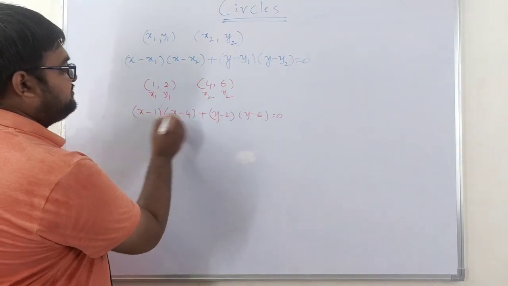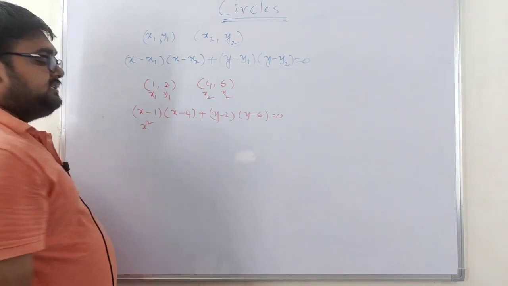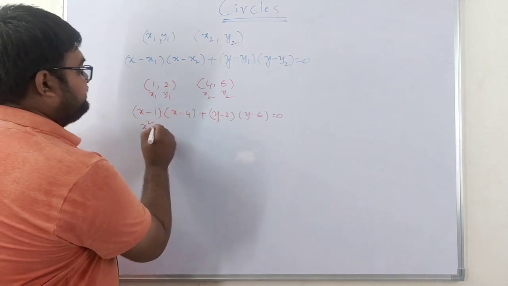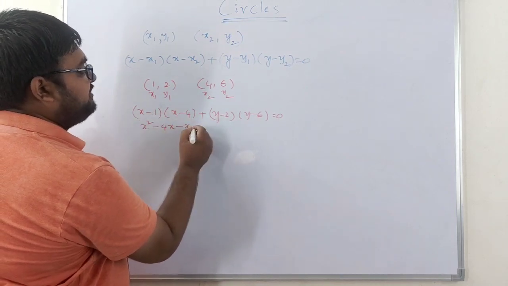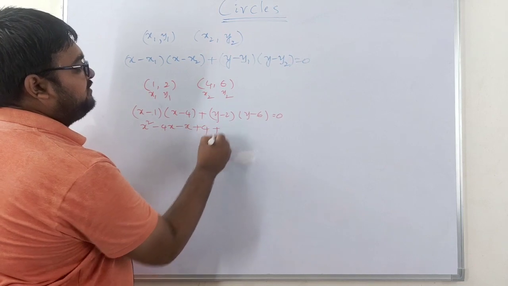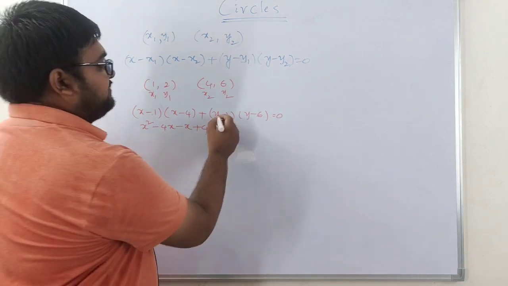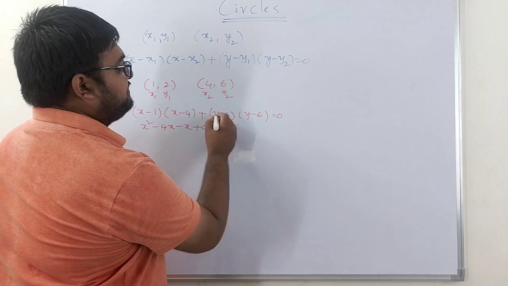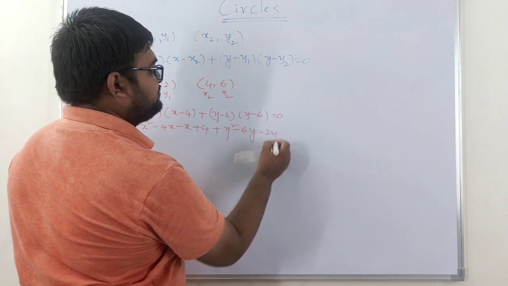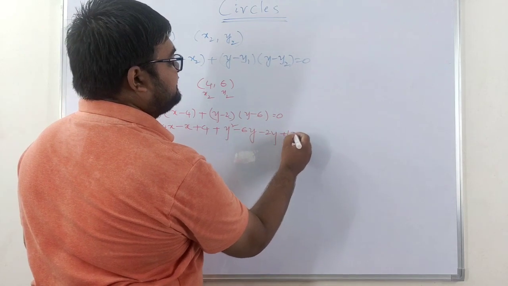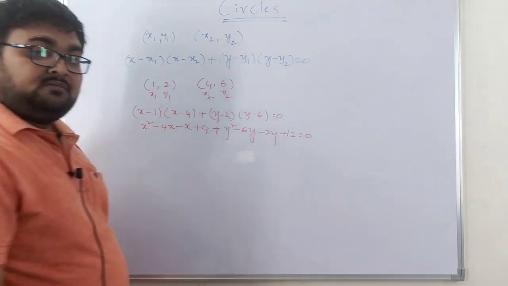So if you simplify this, x into x is x square, x into minus 4 is minus 4x, minus 1 into x is minus x, minus 1 into minus 4 is plus 4. Next, y into y is y square, y into minus 6 is minus 6y, minus 2 into y is minus 2y, minus 2 into minus 6 is plus 12.